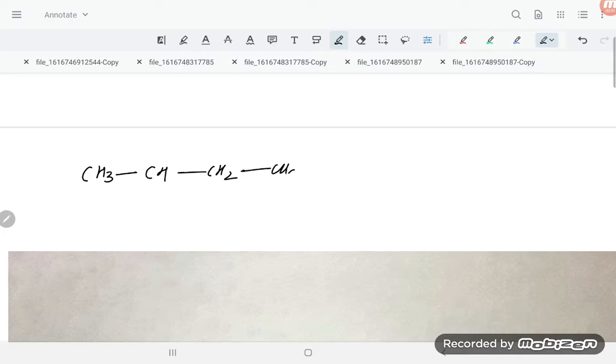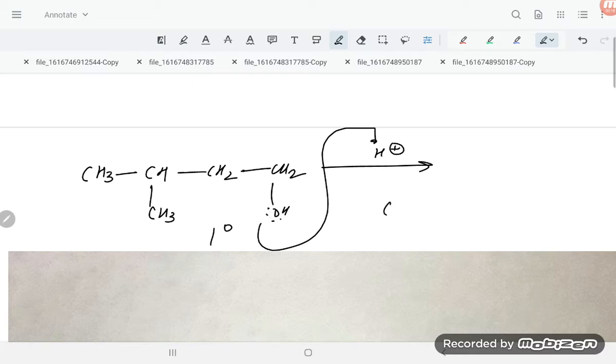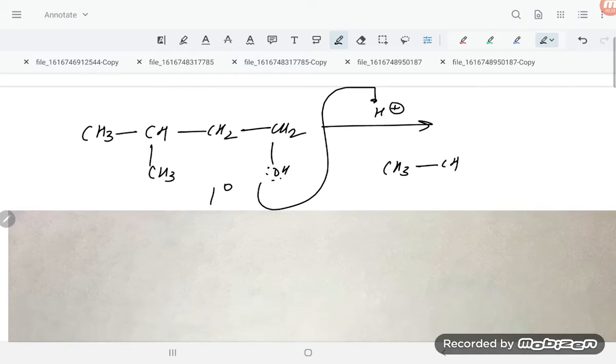here is again CH2 and here is OH, here is CH3. So this is 1 degree. If you are doing this, firstly it absorbs a proton, so it will give the protonated alcohol CH3, CH, CH3, CH2, CH2 and OH2 with positive charge.